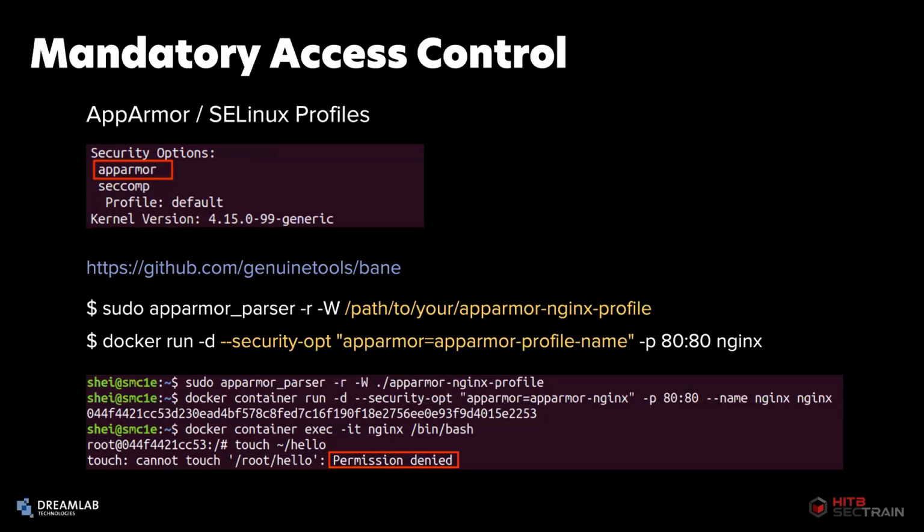You need to create the custom profile for your application. It takes time to track the system calls and the permissions that your application actually needs to work. It's something that is custom for every application, right? But as I said, there are a couple of tools that help us quite a lot. Bane, in this case, is pretty useful to create custom profiles for AppArmor.